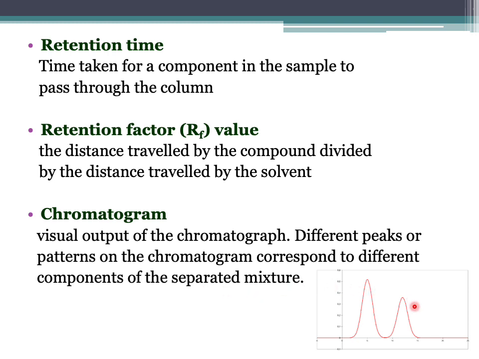So setiap peaks ni dalam chromatogram ataupun pattern dalam chromatogram ni adalah menggambarkan komponen untuk mixture tu. Yang kita dah separate lah, komponen yang kita dah separate, substance yang kita dah separate daripada mixture. For example, yang ini ada dua peak ni, maksudnya kita dalam satu mixture tu kita ada dua components. Okay, so this is the chromatogram.